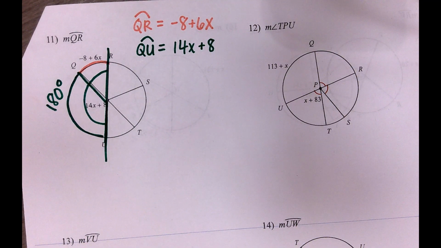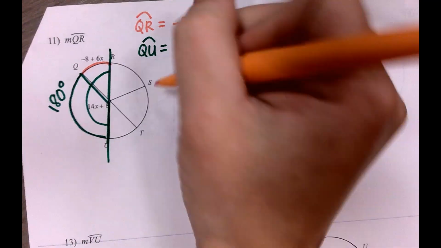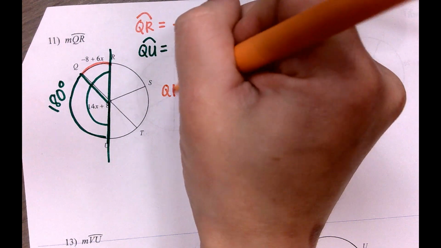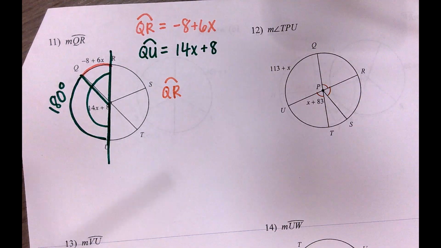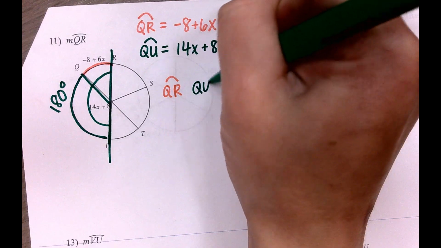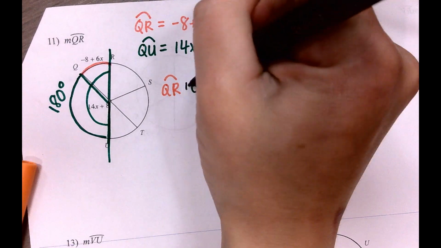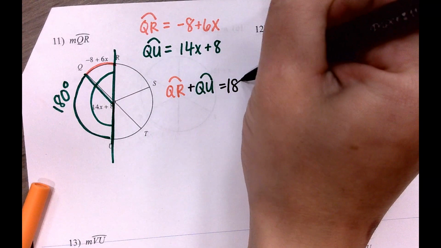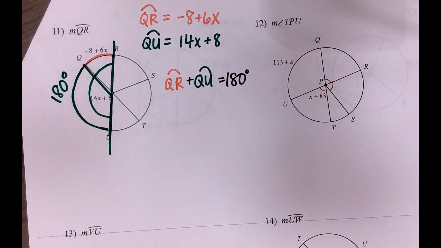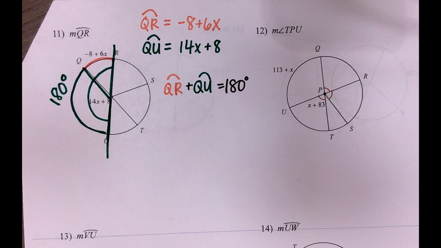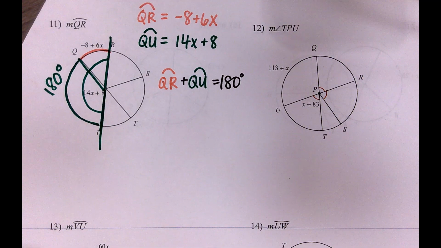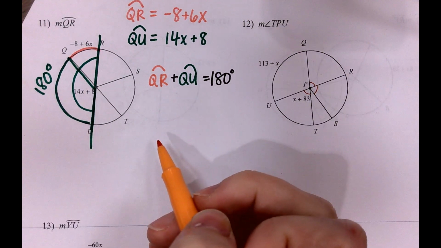So let's plug our values in. Let me write that simple equation first: QR plus QU equals 180. What would be my actual equation?